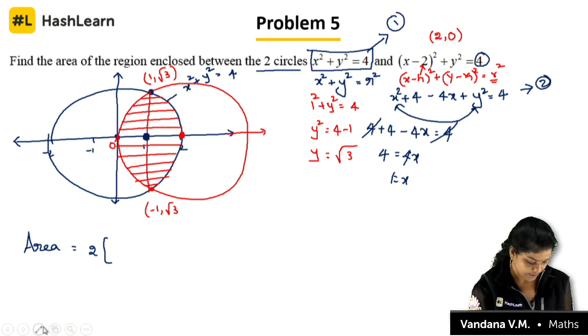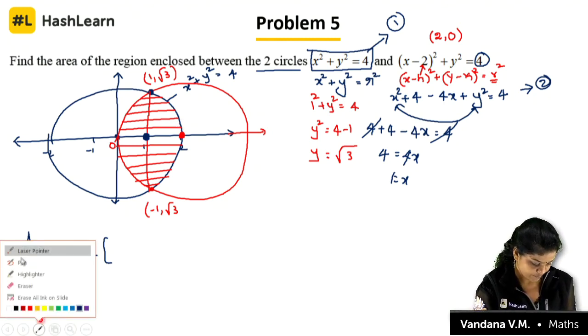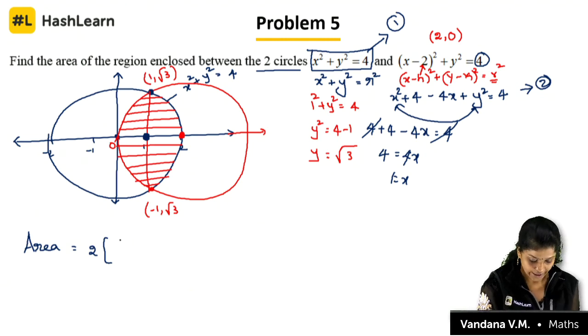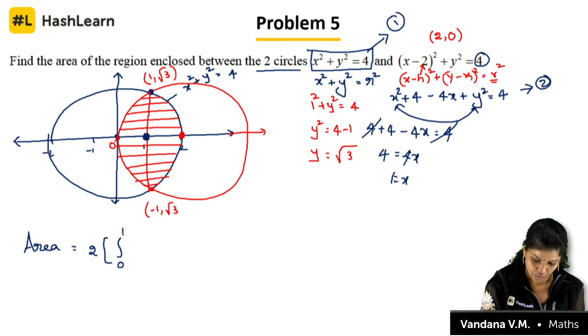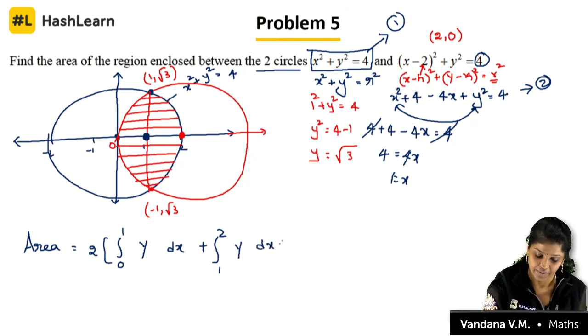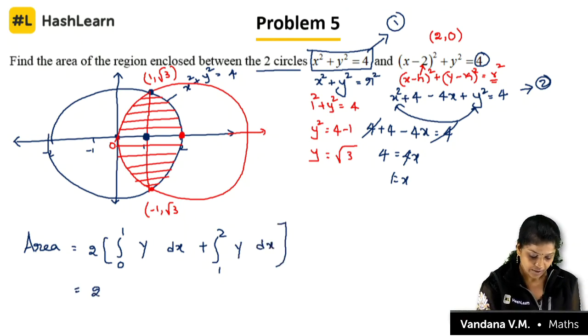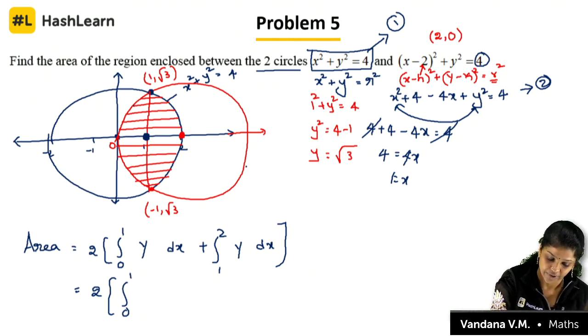Yes, very good Radhika. Now, let me do this. So, integral 0 to 1, whose limits are these? x limits only. So, y has to come. Integral 1 to 2, this is also x limit. So, y has to come. But this y is what? The first circle, this red color circle. Red means what?